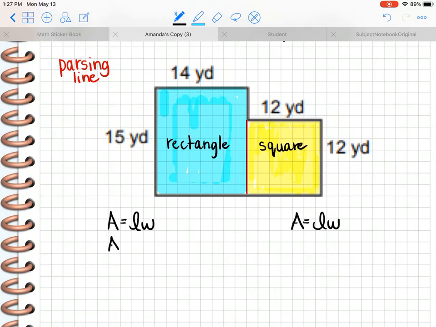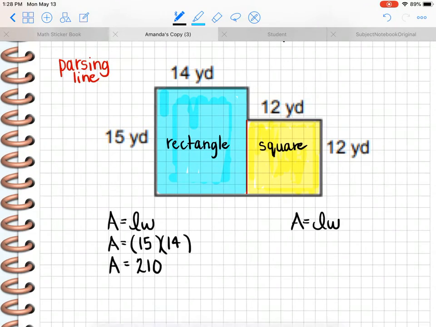But for the rectangle, we want to put in the parentheses for our variables. And the rectangle is 15 long and 14 wide. You can reverse those and you'll still get the correct answer because you're multiplying. And I'm not going to risk doing that in my head. It's a good thing because I would have been off by about 10.